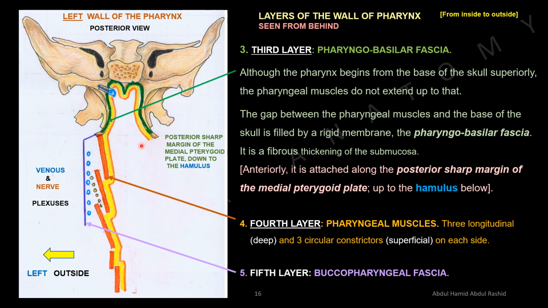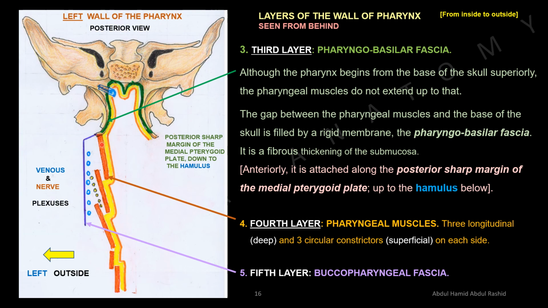Right? Now, the next layer is the fourth layer, which is the pharyngeal muscles. They are in two groups. We have already mentioned that. The first group, the deeper one, is the longitudinal pharyngeal muscles, three pairs. And then outside the longitudinal pharyngeal muscles is the circular pharyngeal muscle, the constrictor muscles.